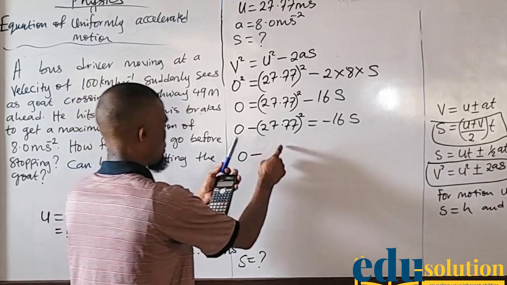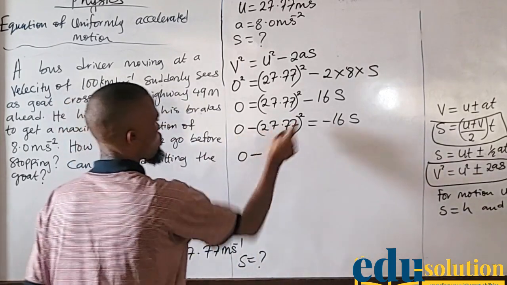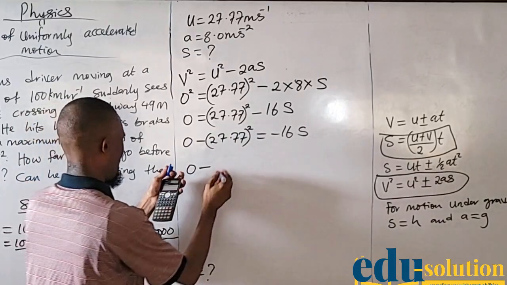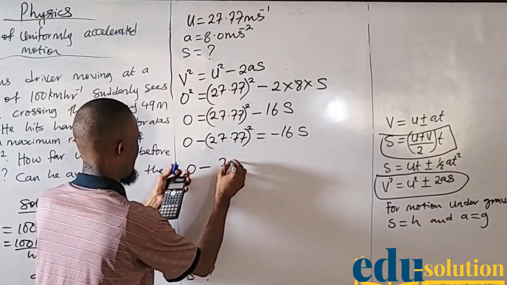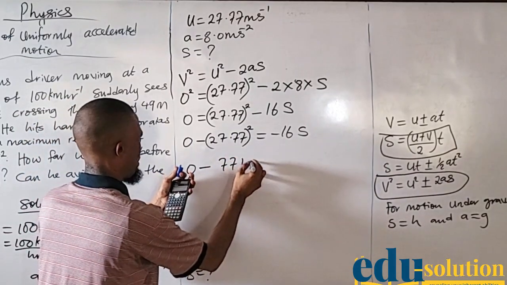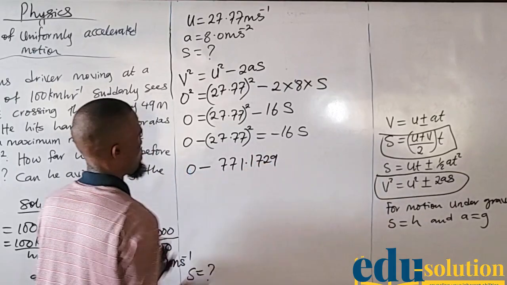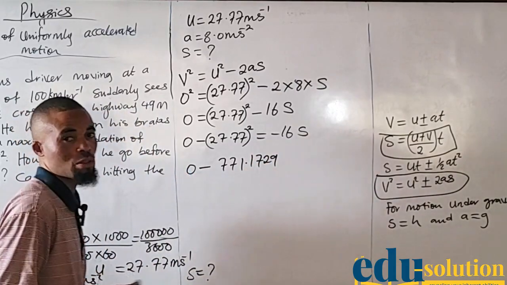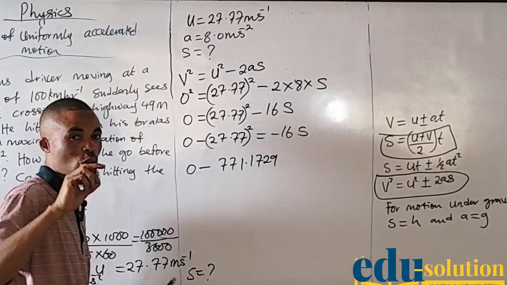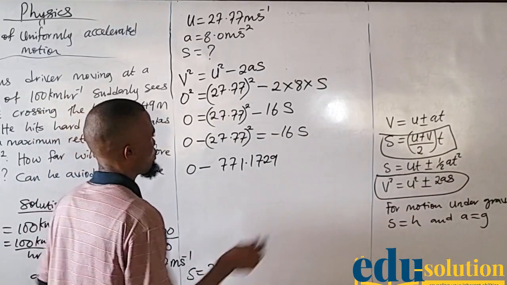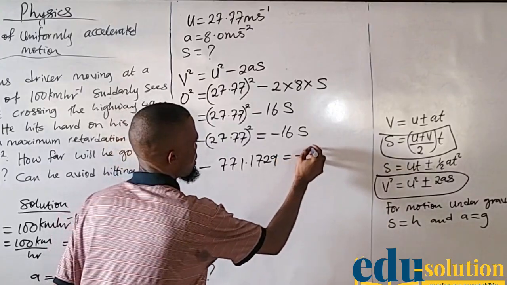If you press your calculator, 27.77 times 27.77 is going to give you 771.1729. Please, when you are approximating, always take it to 4 decimal places when you are not done with your question, so that it won't affect your working. And then we have equal to minus 16x.